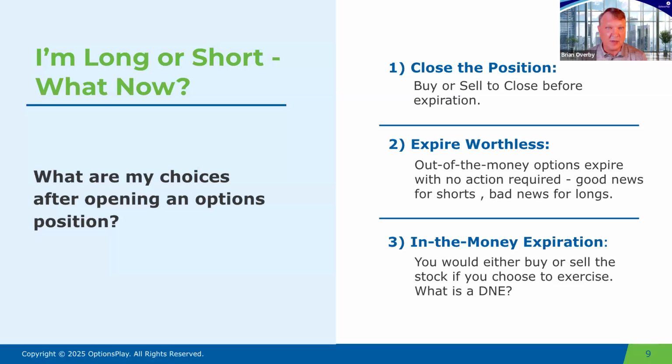So when I'm selling it, the options marketplace will make you enter that order as buying to open, or buying to close, or selling to open and selling to close. And if you look at that as far as options are concerned, once I own an option contract or I am short an option contract, well, then I can go out and either close the position if I would like to.